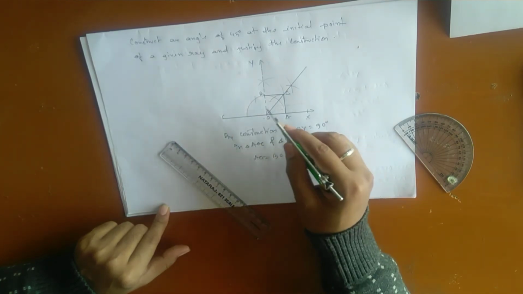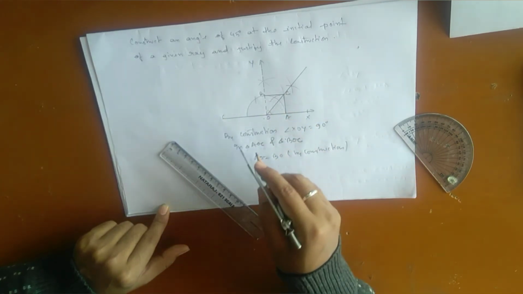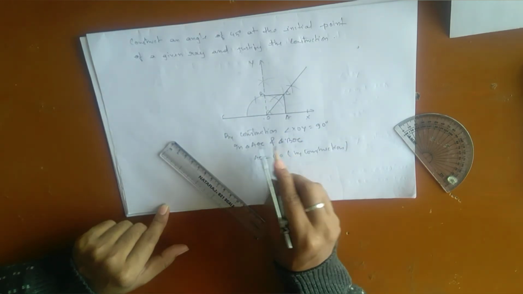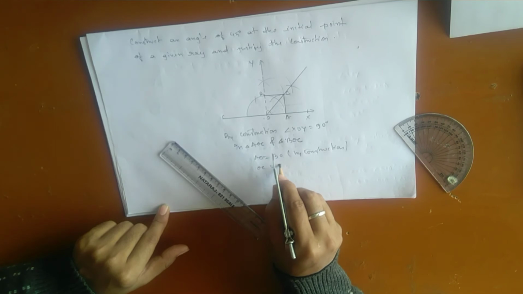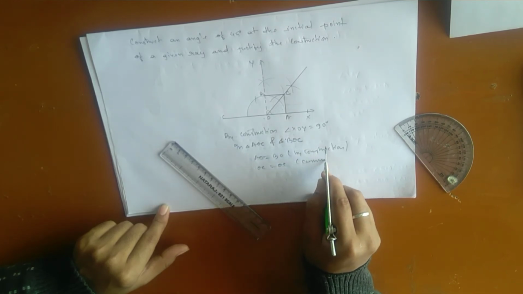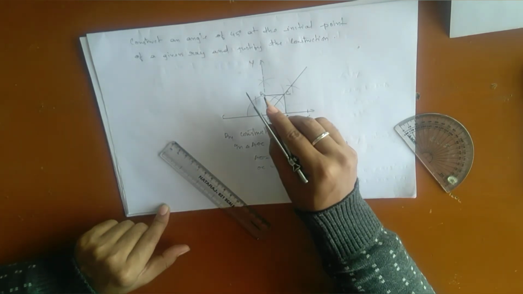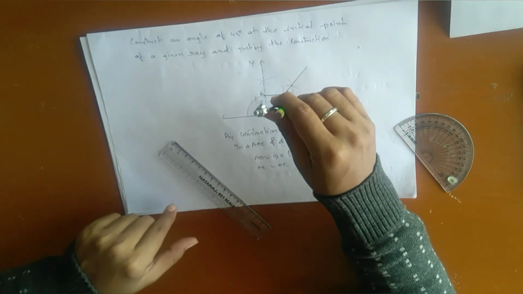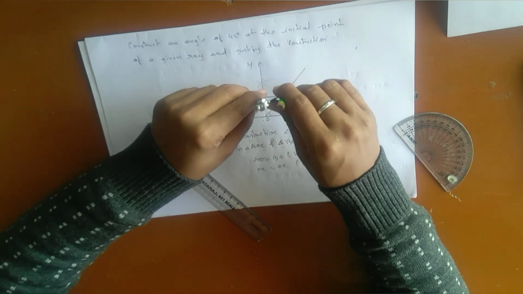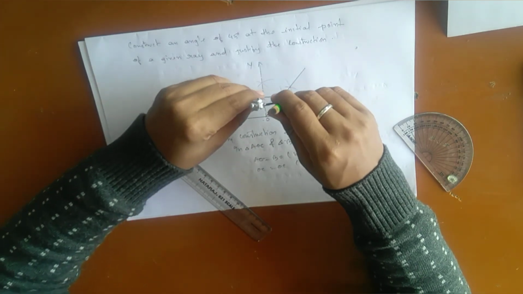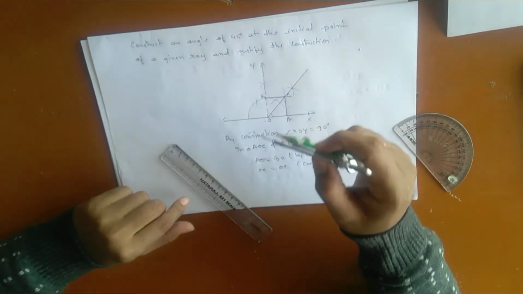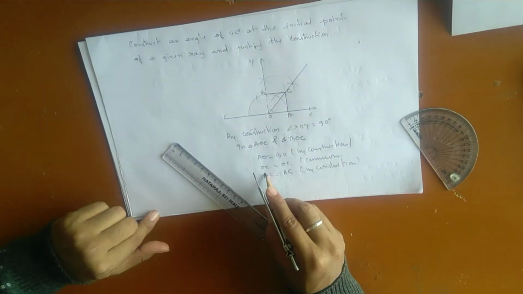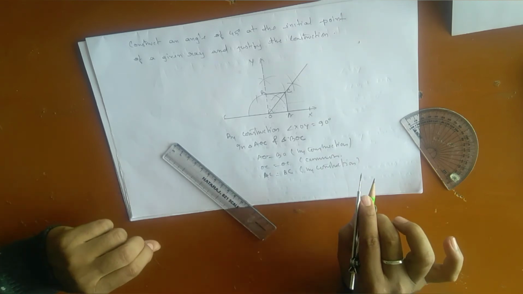Now this OC is common to both. OC equals OC, common. And the third one, BC equals AC. See, without changing we have taken it. So either we take this one or that one. Right now we have taken this one, so we write BC equals AC by construction.